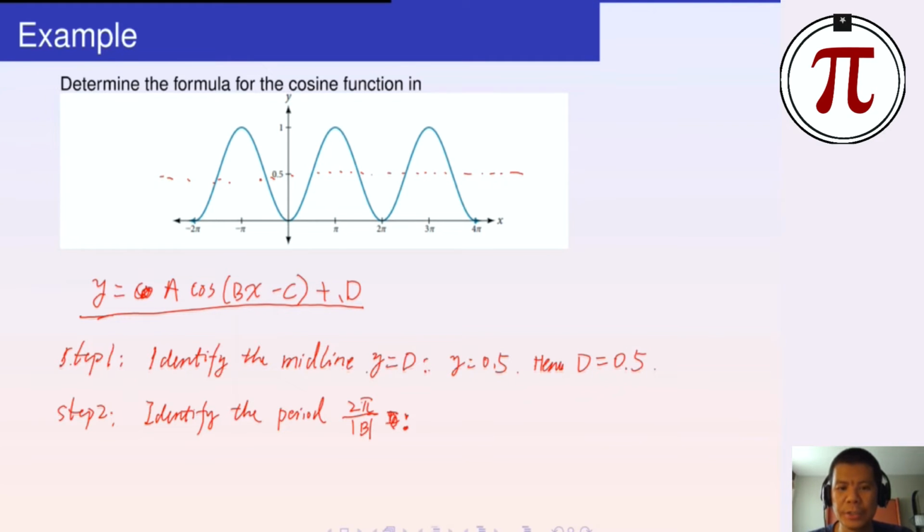It is 2 pi, right? So we have 2 pi over the absolute value of B equals 2 pi, and this implies the absolute value of B equals 1. So B can be positive or negative 1.